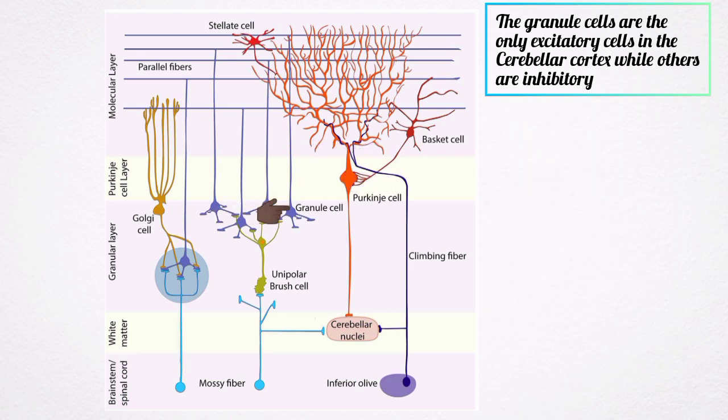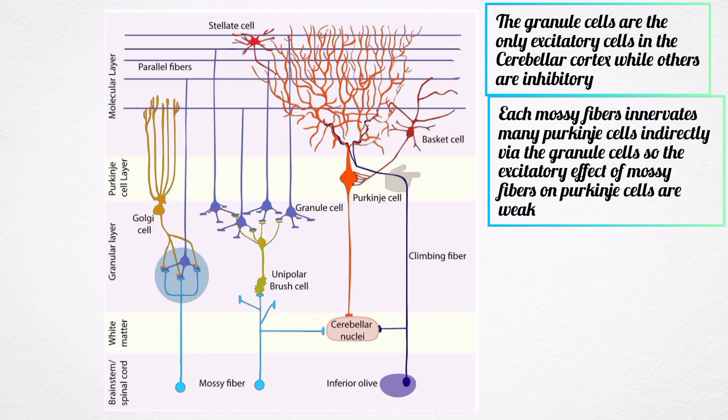The granule cells are the only excitatory cells in the cerebellar cortex, while others are inhibitory cells. Each mossy fiber innervates many Purkinje cells indirectly via the granule cells. So the excitatory effect of mossy fibers on Purkinje cells is actually weak.